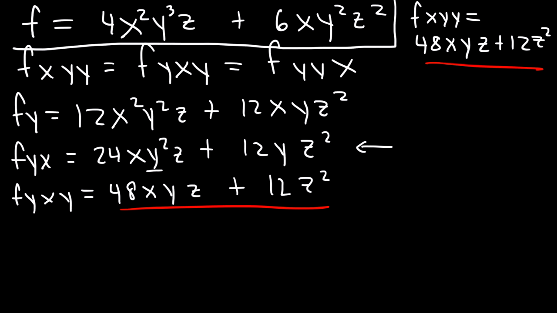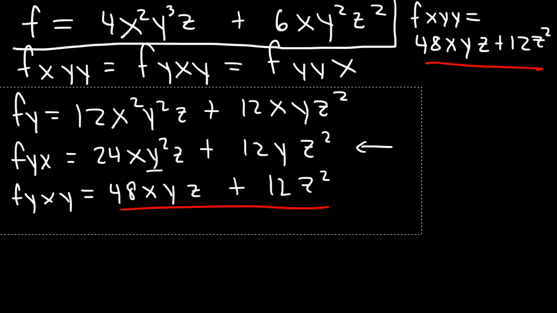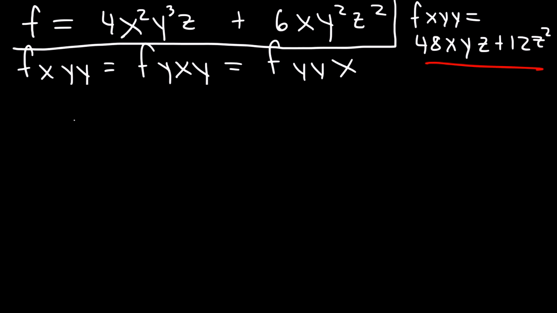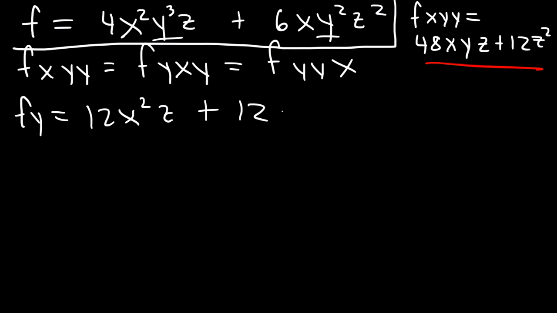Now let's find the last one, fyyx. So let's find fy first, which we know is 3y squared times 4, so that's 12x squared y squared z. And the derivative of y squared is 2y times 6, so that's 12xy z squared.